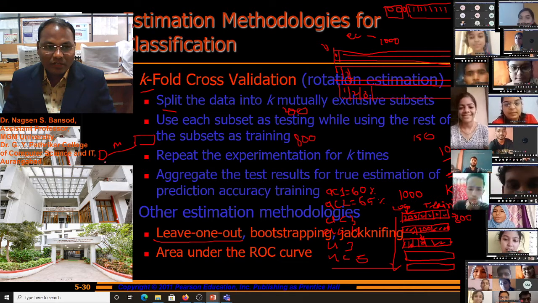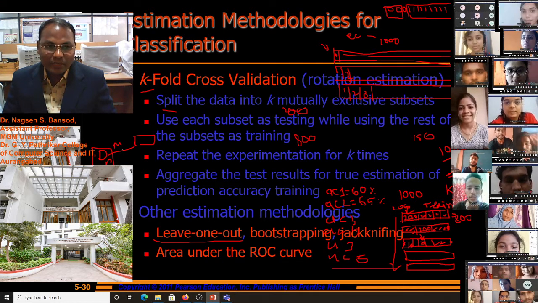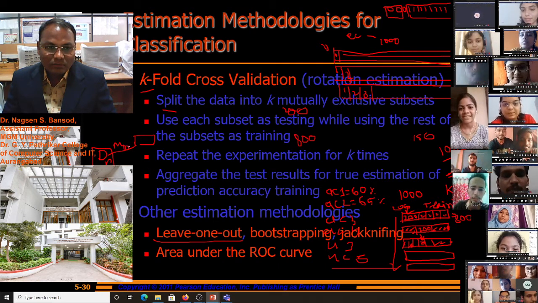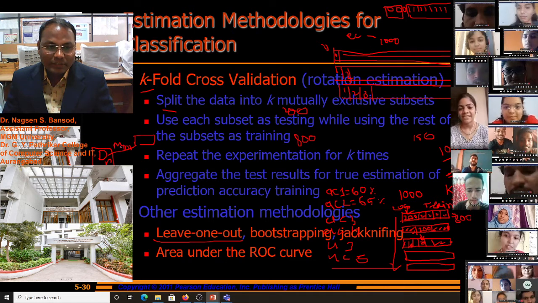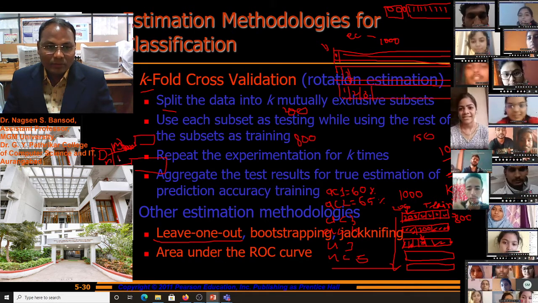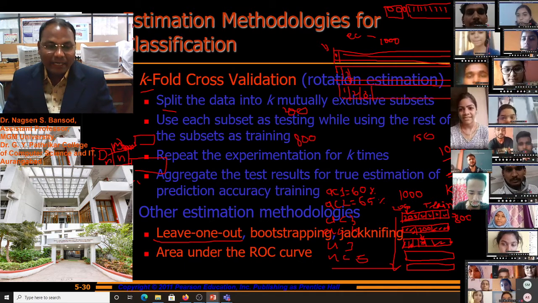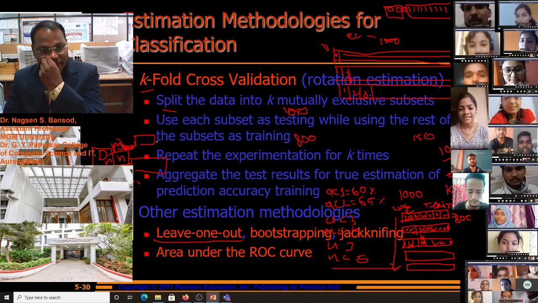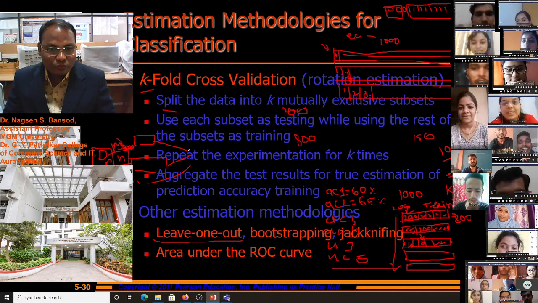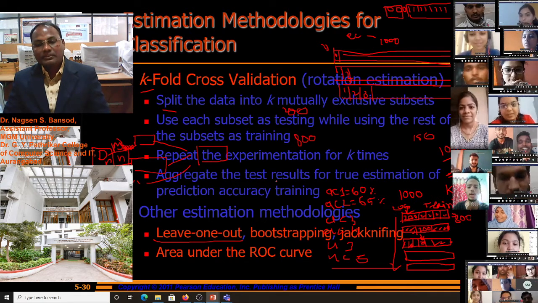Suppose this is a D n data set, and in the first model we have selected m1 sample, in the second m2 sample, in the third m3 sample, and we take the aggregate of all these and find one result. This is the bootstrapping experimentation.